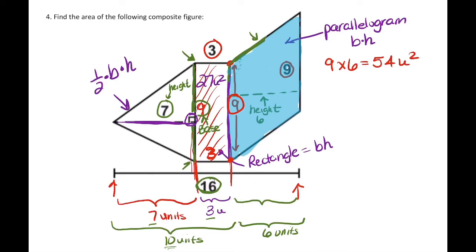So now we have all the information that we need. The area of a triangle is 1/2 times base times height. Now 1/2 times 9 is 4.5. And then you're going to do 4.5 times 7. This is where you're allowed to use your calculators.